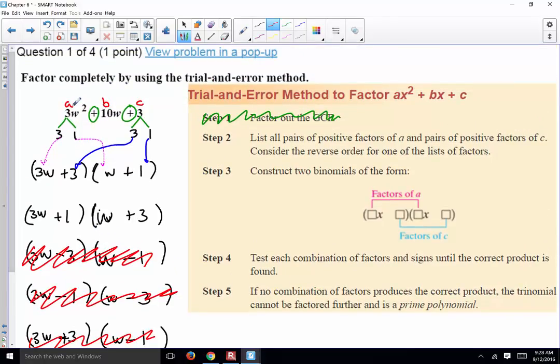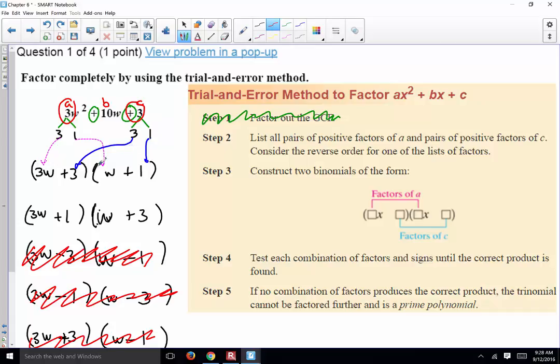We start with identifying the first and last numbers and their factors. They split up because we are going to split these numbers into two parentheses. First one splits as 3, 1. The second one splits as 3, 1. You don't have a third option.